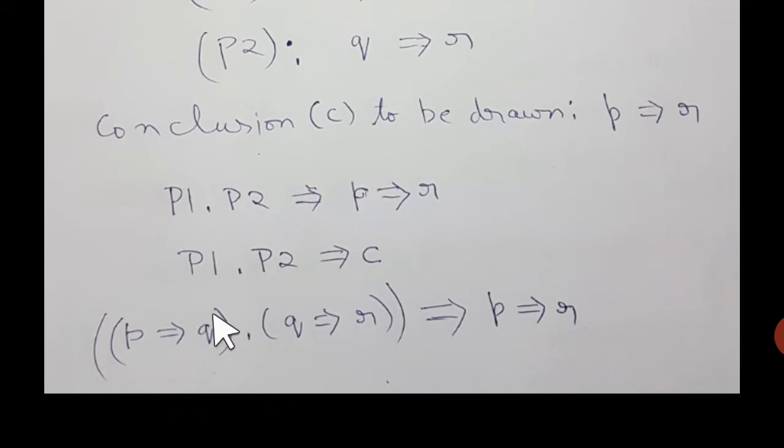So for P1 and P2 we have P conditional Q dot Q conditional R. This is the conjunction, so this conjunction is the antecedent and the consequent is the conclusion to be drawn, which is P conditional R.